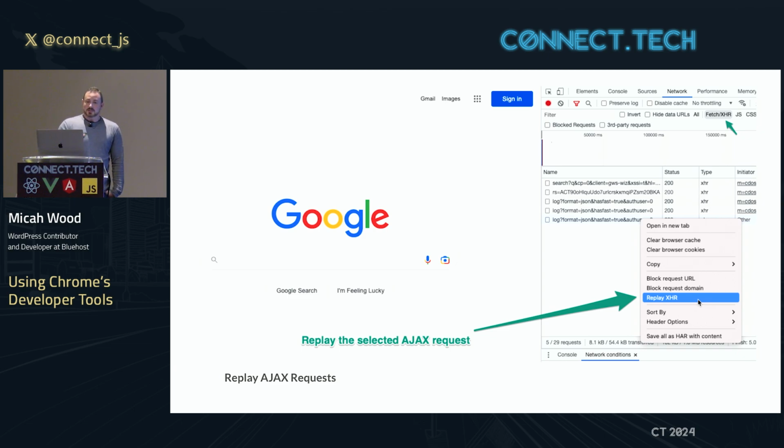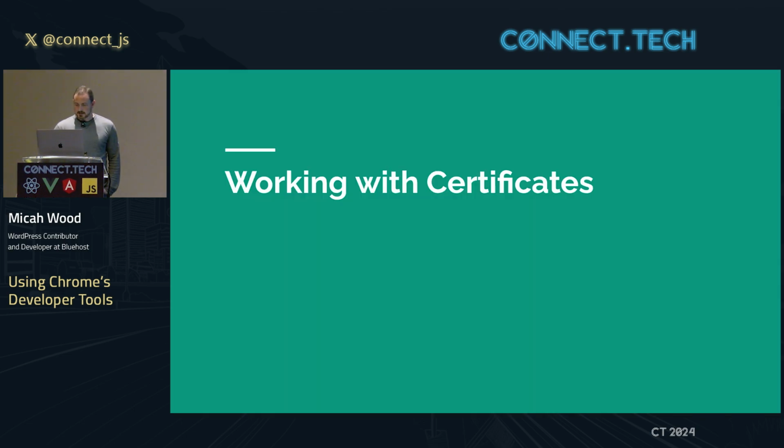But you can actually just, once a request has been made, right-click on any XHR fetch request, and you should be able to replay it with the replay XHR. And so it will replay that request, so you can actually make it over and over and over again without having to do all the manual actions on the front end of the site to make that happen again. So very good for testing and debugging.